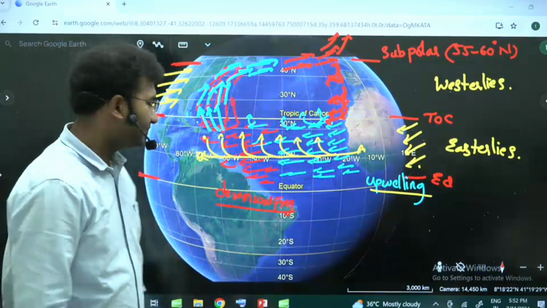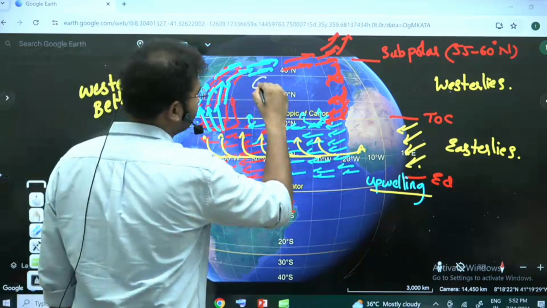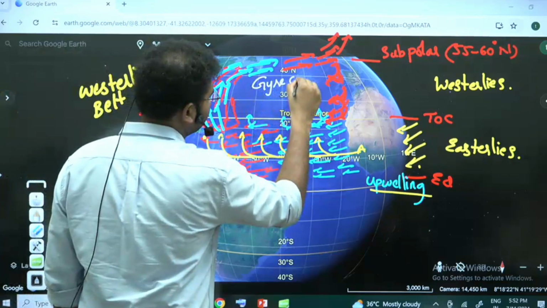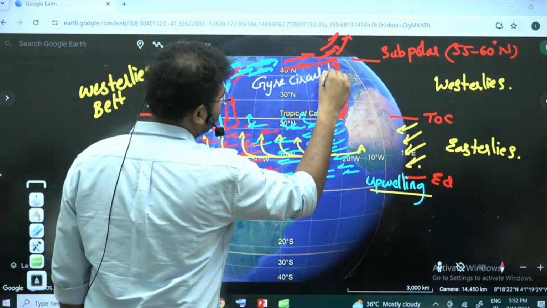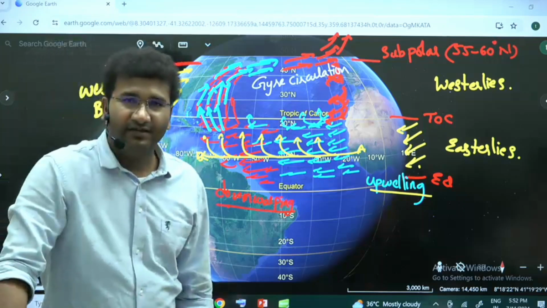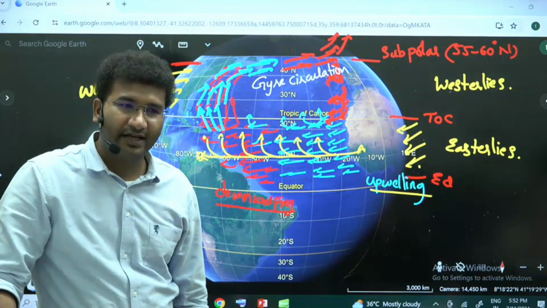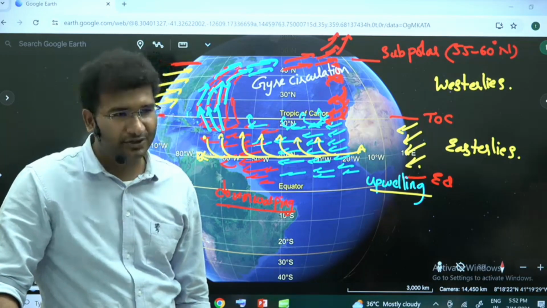And this circulation is called gyre circulation. Okay? These gyre circulations will help in the distribution of heat in the oceans.